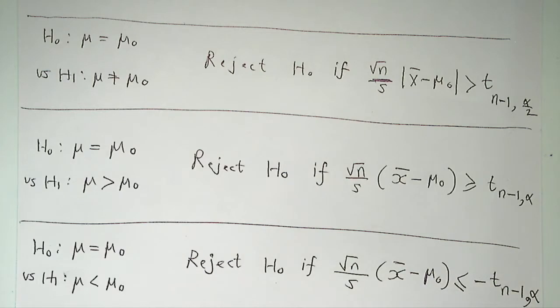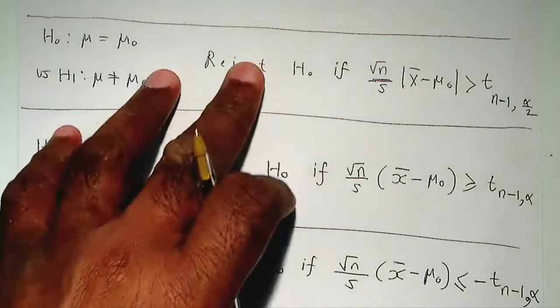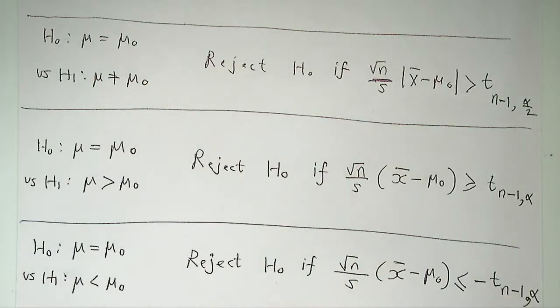All right, so these three rules correspond to the situation when the variance of the population is unknown, right?